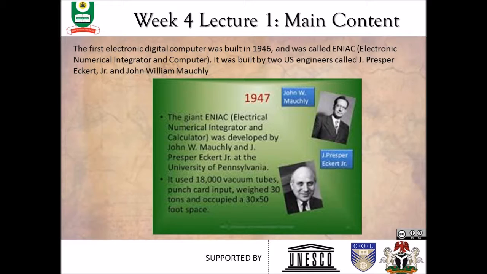The first electronic digital computer was built in 1946 and was called ENIAC, which means Electronic Numerical Integrator and Computer. It was built by two United States engineers, Presper Eckert and John William Mauchly.